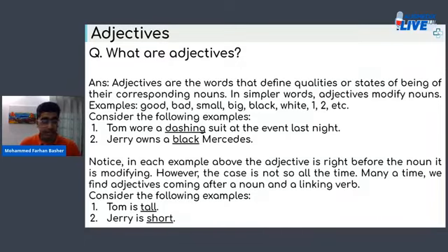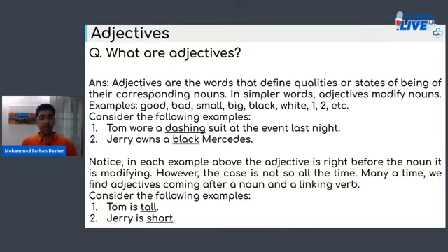So you did not only just mean that he wore a suit, but you gave more information about that suit when you said a dashing suit, right? So the word dashing modified its following noun, which is suit.